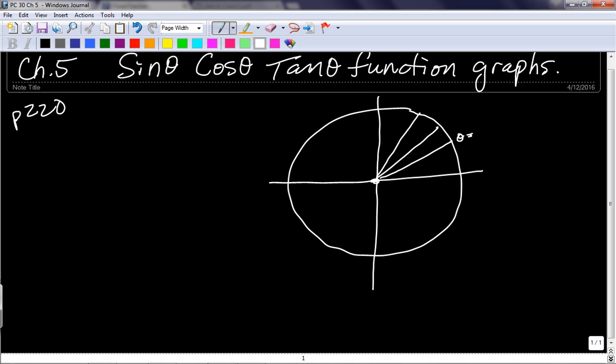Theta equals this first one, pi over 6, good. This next one is pi over 4, and this next one is pi over 3, good. And in degrees, this is what? 30, 45, and 60, very good. We will throw in 90 degrees or pi over 2 here as well, and then 0, just to get us started.